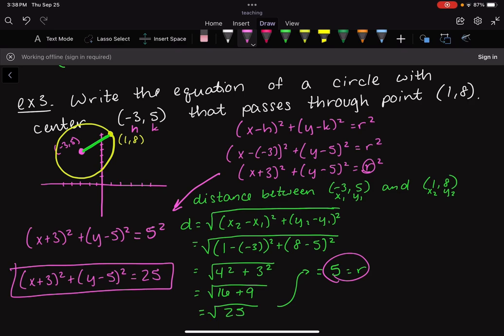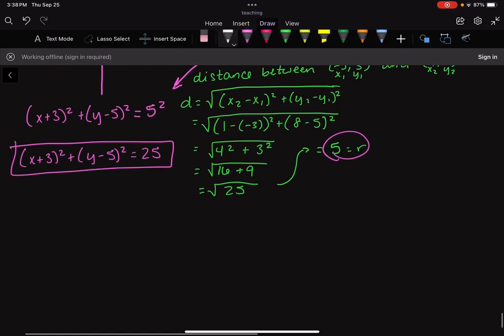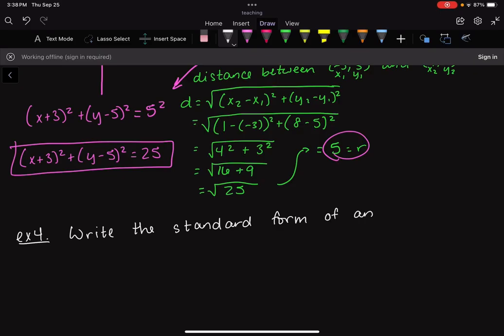Just one more example in this section. Just showing you different types of problems you could see. It says write the standard form of an equation of a circle.